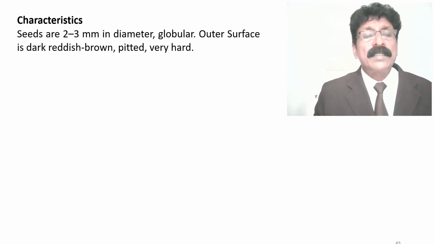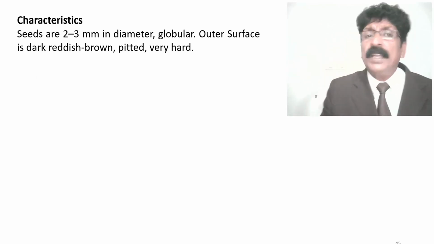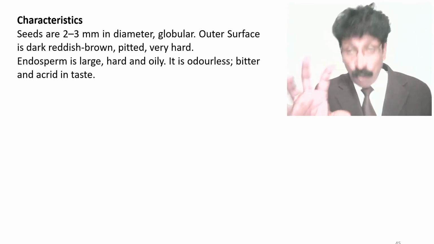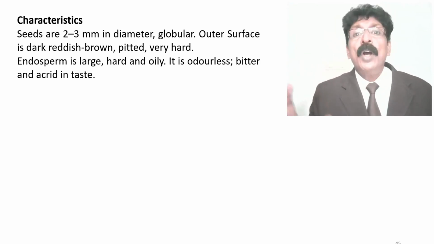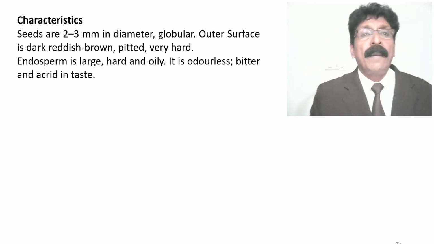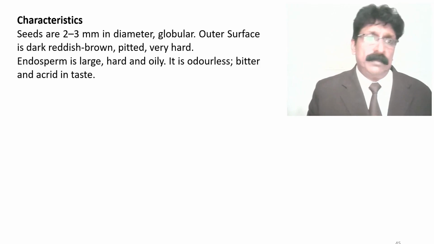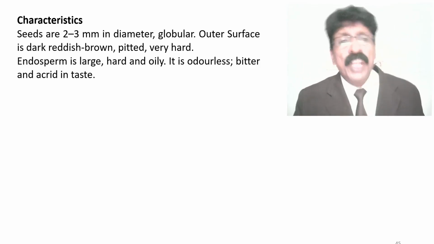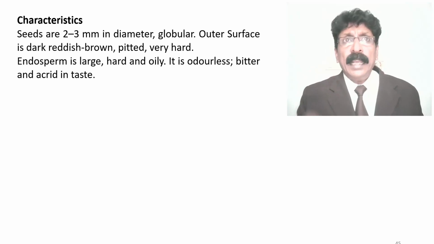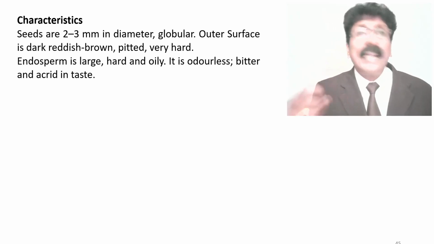Characteristics: seeds are 2 to 3 millimeter in diameter, globular, smooth. Outer surface is dark reddish brown, pitted, very hard. Endosperm is large, hard and oily. It is odorless, bitter and acrid in taste.